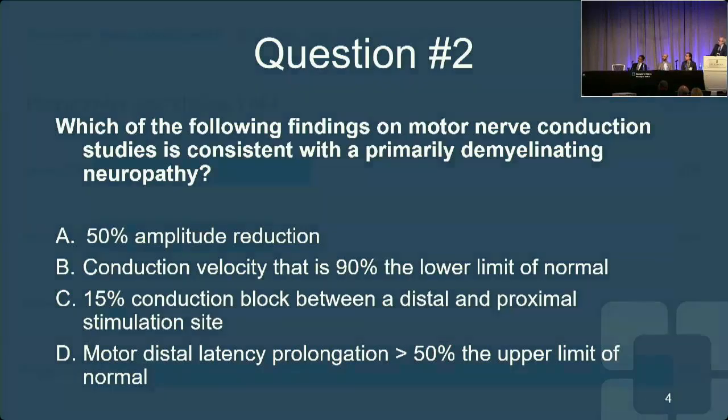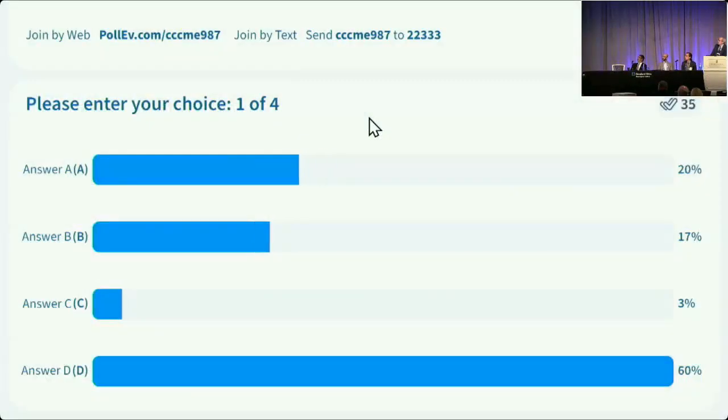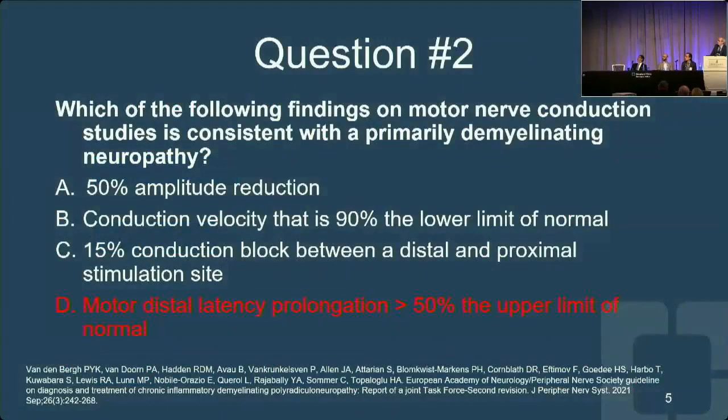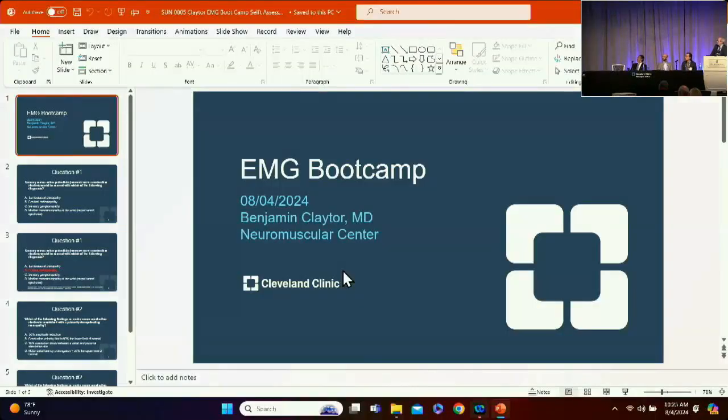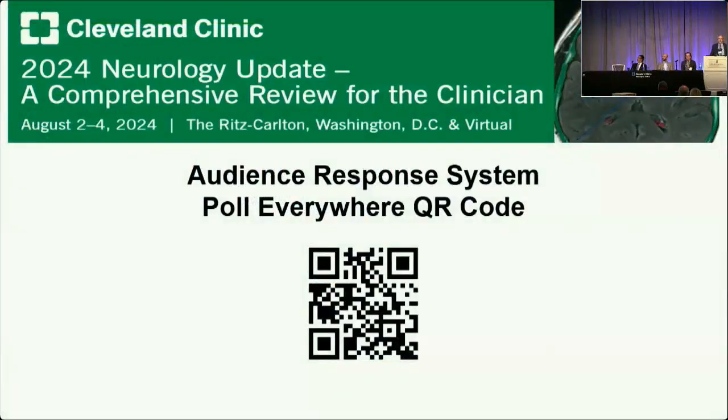So the majority of people felt that D was the correct answer, which it is. Very good. And then I think we have the movement disorders. So we'll answer those two, then we'll move to a break.